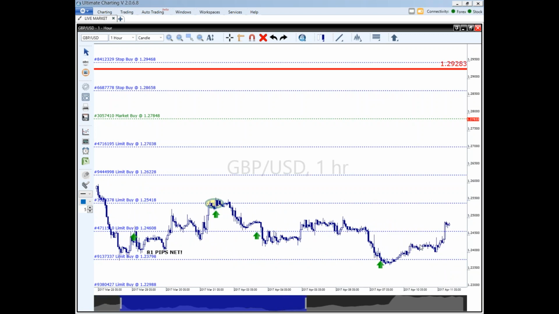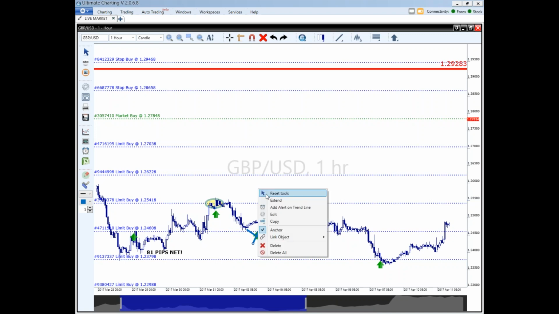Here, the market, did it just make 81 pips right there, yes or no? Yes, it did. So 81 pips was made right there, which means this trade right here is now at break even. Okay? This trade's up 81 pips. This trade's at break even.